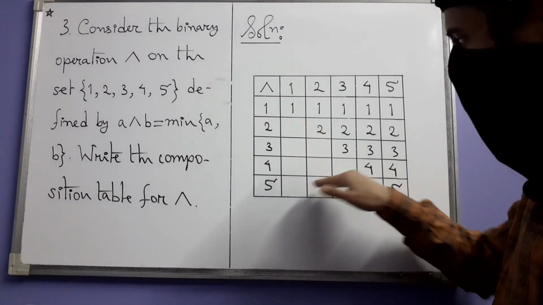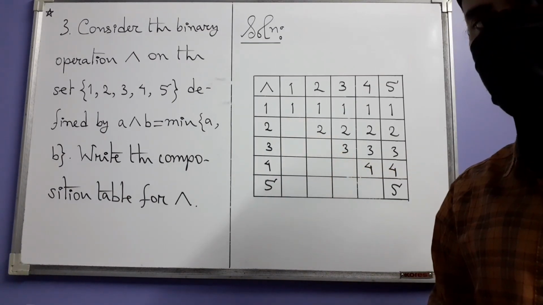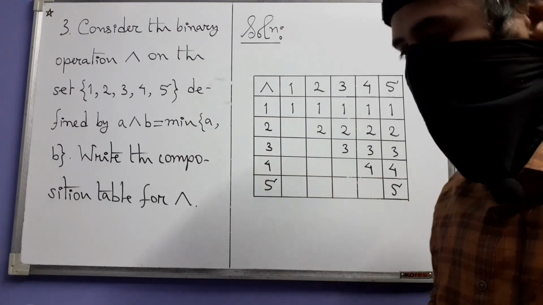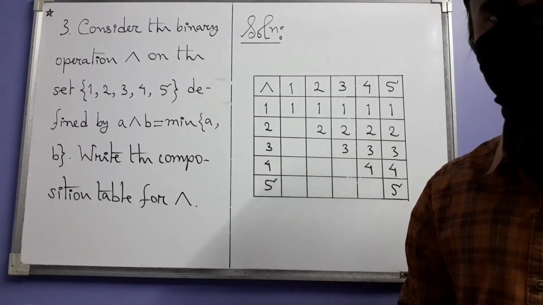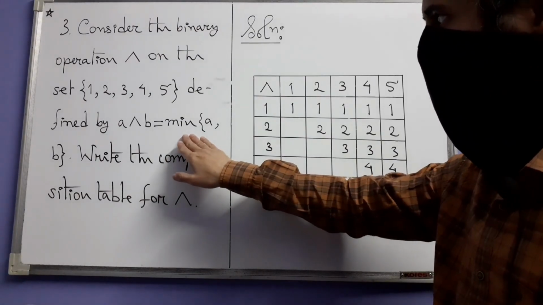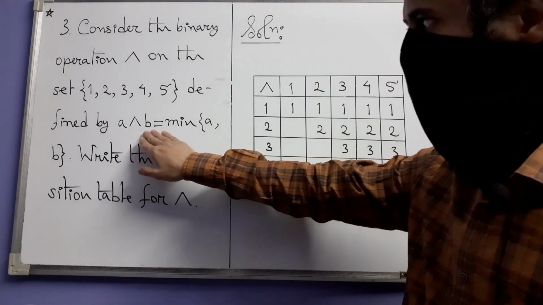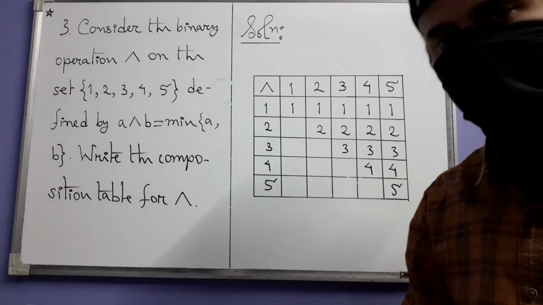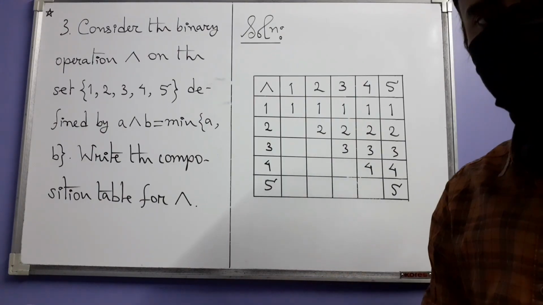Why did I leave these cells empty? That is because if you look carefully, this is a commutative binary operation. It does not matter whether you consider the minimum of A and B or the minimum of B and A. They are the same, whatever it is.